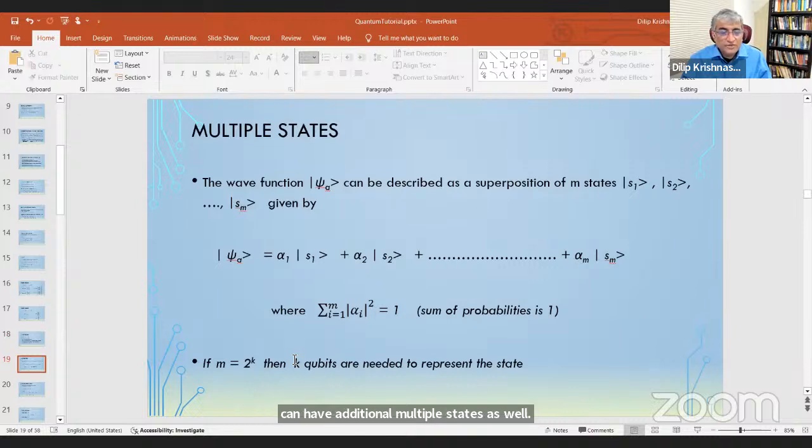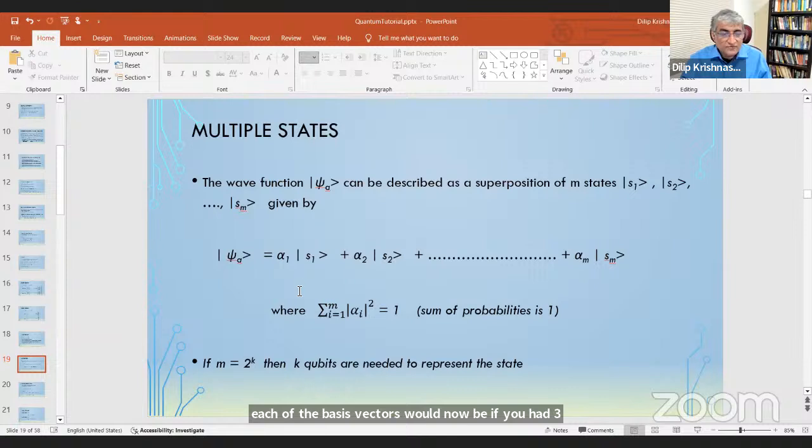If you have k qubits, so we saw with 2 qubits, we had 4 states. And if you had 3 qubits, you would have 8 states. You would have A1, B1, C1, A1, B1, C2, that kind of thing. So you'd go and expand it out. Each of the basis vectors would now be, if you had 3 qubits, 8 long, for example.